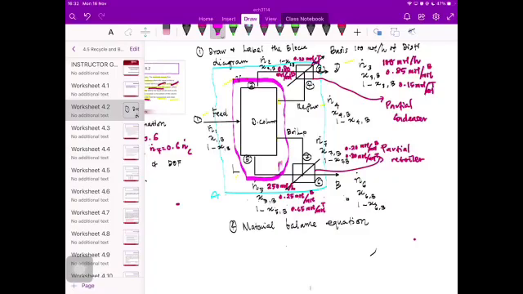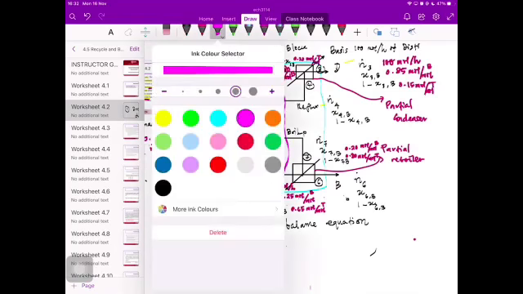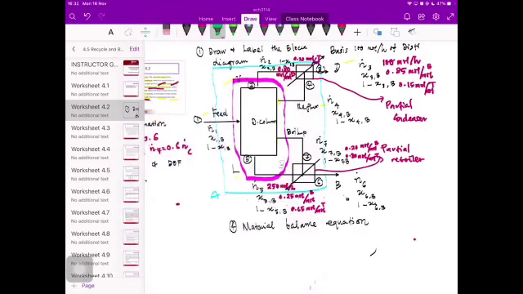So this is B. And then we have another one, which is around our partial condenser.